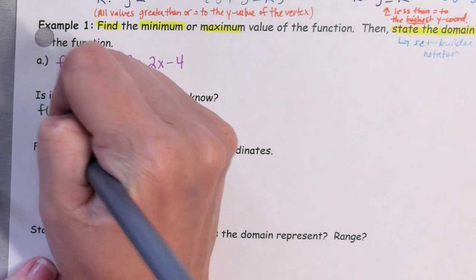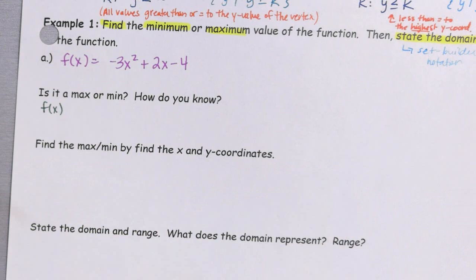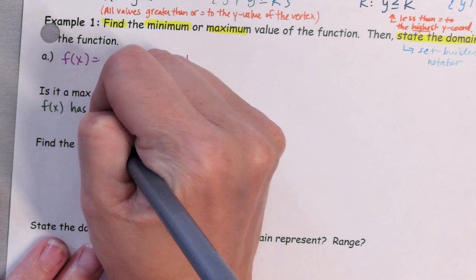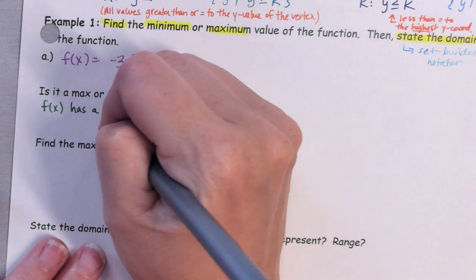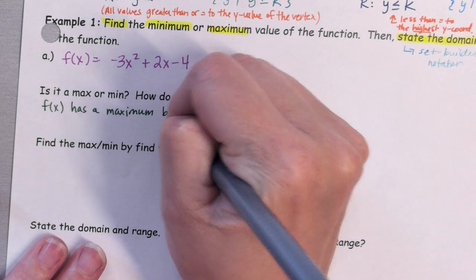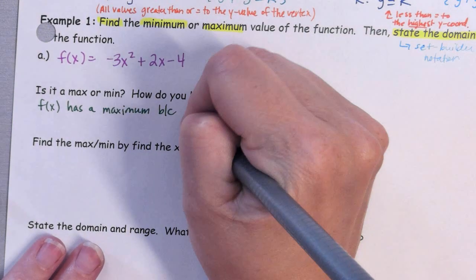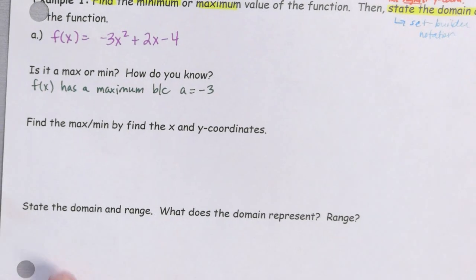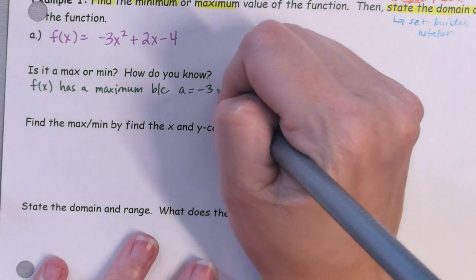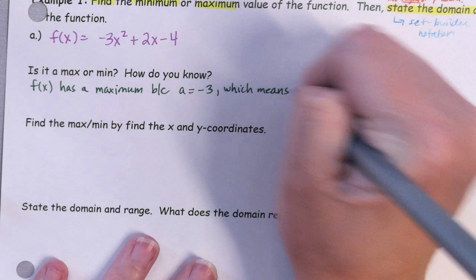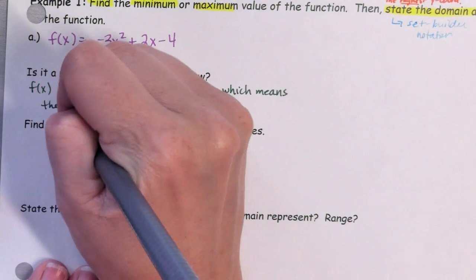Okay, so is it a max or a min? How do you know? F of x, which is our function, has a max because, and it's all about our A value, because A equals negative 3. Okay, so if A equals negative 3, this means the graph opens downward.